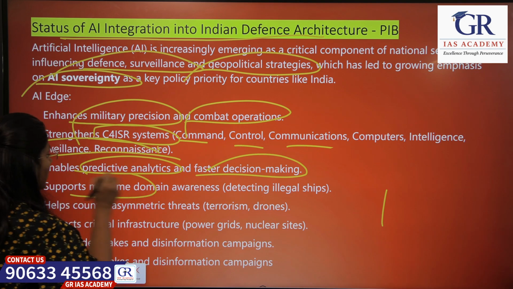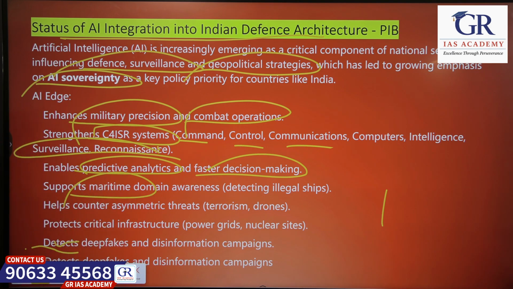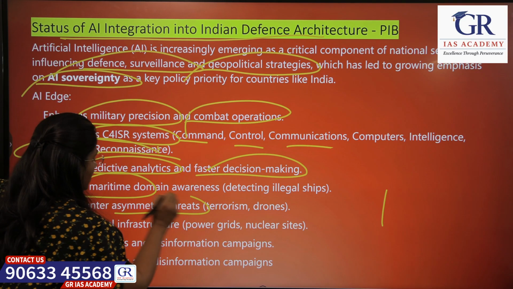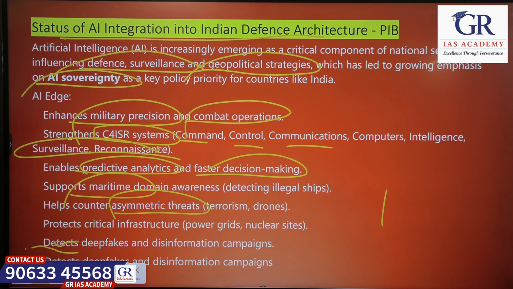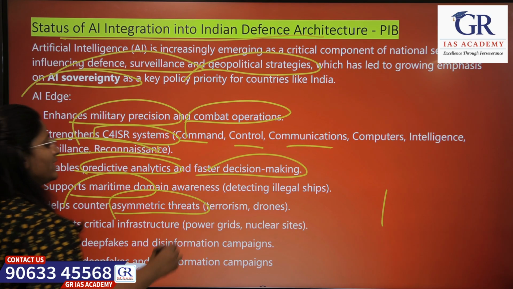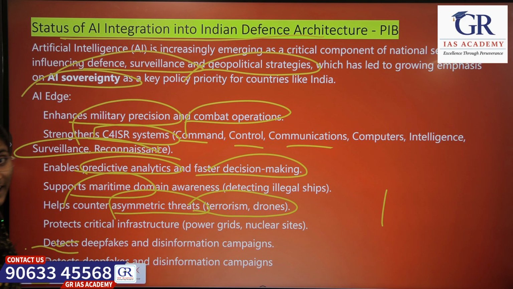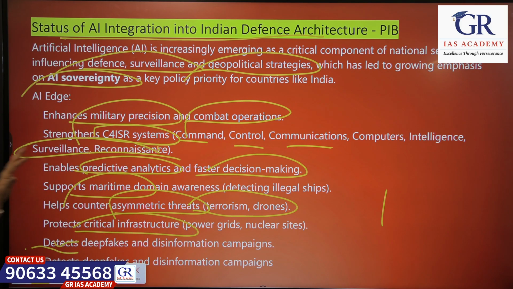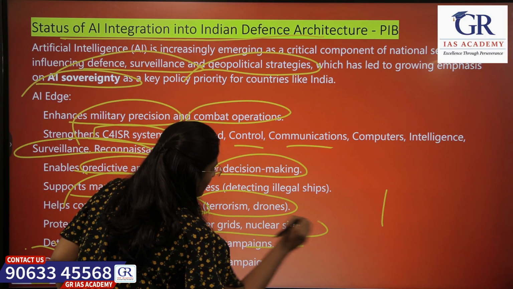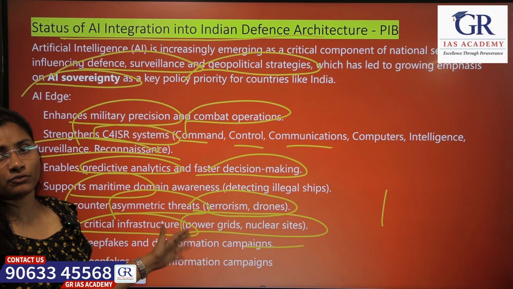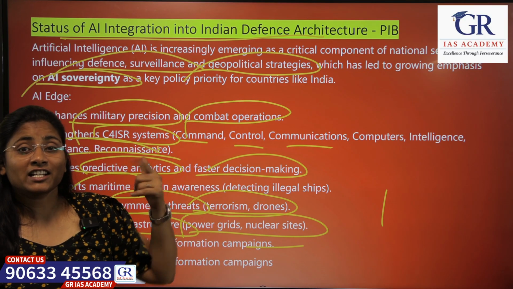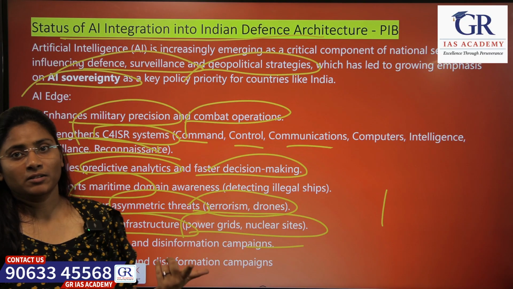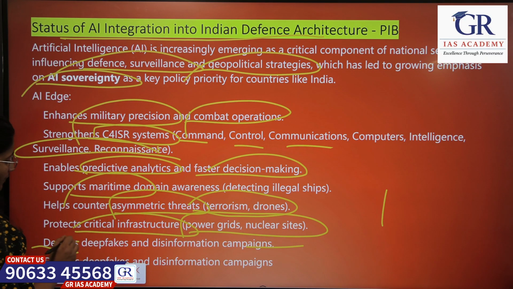And then it will support detecting illegal ships in the maritime region, and any terrorism or drones can be easily detected with the help of AI and countered. And we want to protect our critical infrastructure like power grids and nuclear sites. So we are using AI to detect incoming threats earlier and then protect our infrastructure as well.